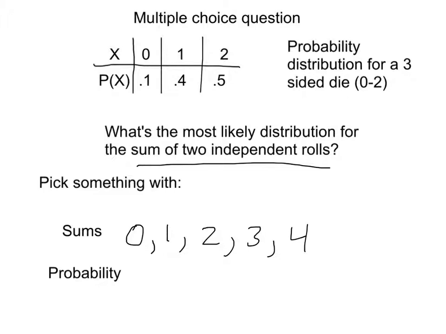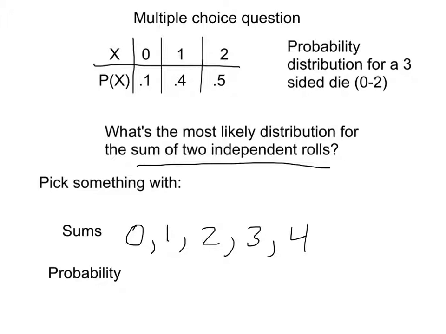When you pick a probability distribution, you're going to want to pick one that has all of these sums in it, and also something that has relatively random numbers, but at the same time has the same probabilities and likelihoods represented as the distribution they give you.